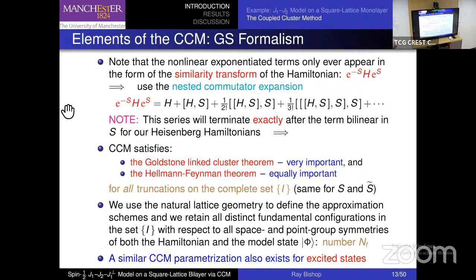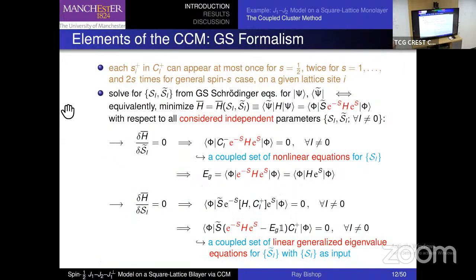But in a nutshell, before I tell you that, again, if I keep in S a certain number n of these configuration indices I, this is n equations, because for each value of I, there's a separate equation. So there's n equations in n unknowns, but they're nonlinear, highly nonlinear because of the exponent. I solve those. There's no guarantee that there will be a solution or it will be a unique solution, right?